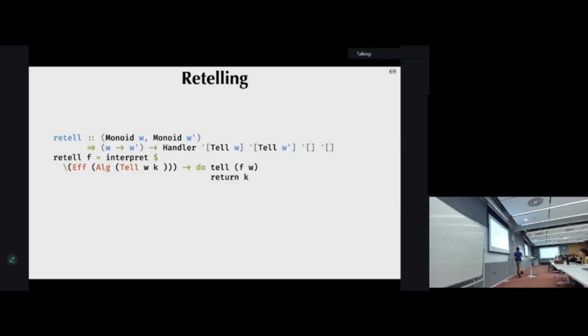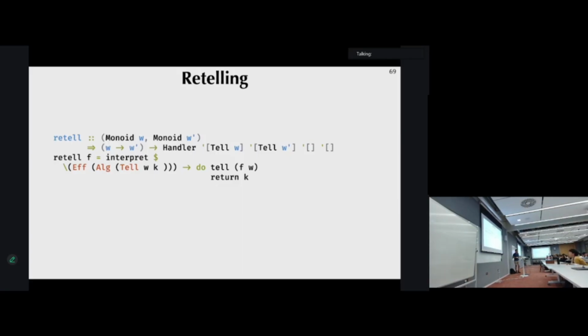So let me give you an example of this. Here is a function called retell. What retell does is if you say tell w, in other words, you output w to the logger, retell takes a function f and it will just modify that output. So perhaps you want everything to be in all caps rather than as it was.